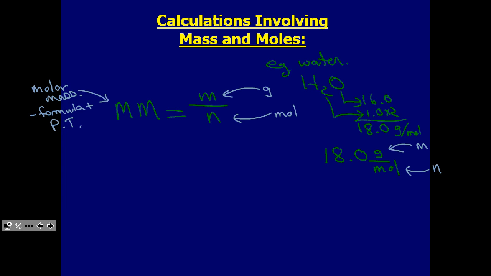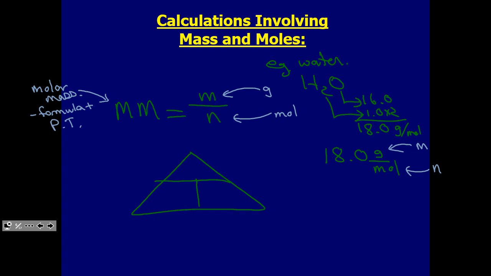Okay, we've got our periodic table. We know how to get chemical formulas, I hope, and we know what grams are and we know what moles are. If we're not a fan of rearranging equations, we can put this in a triangle, just like we did the last one. I don't know if you recall the way you build a triangle.